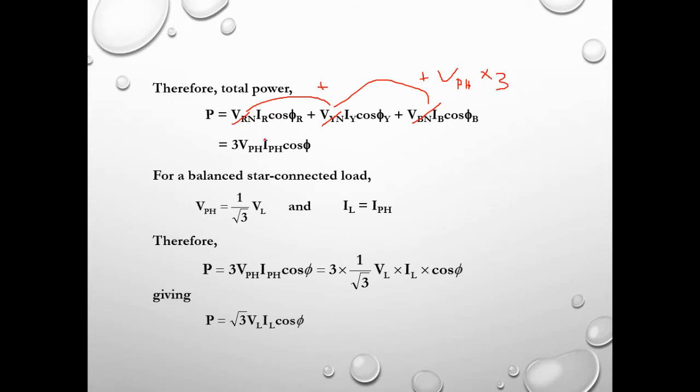Similarly for the current, IR plus IY plus IB is the phase current multiplied by 3, and cos theta.